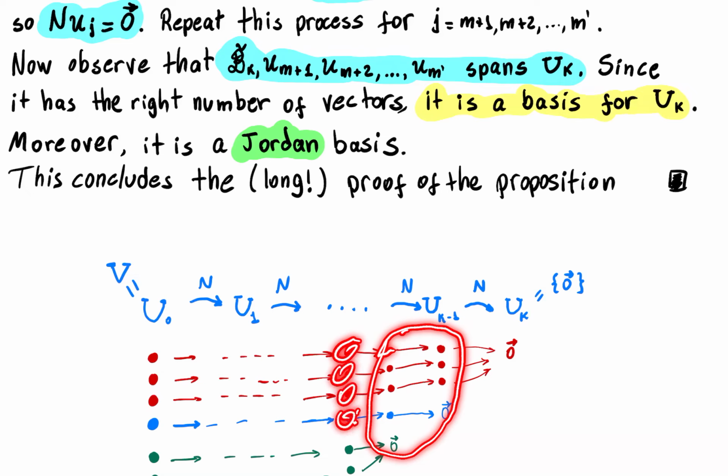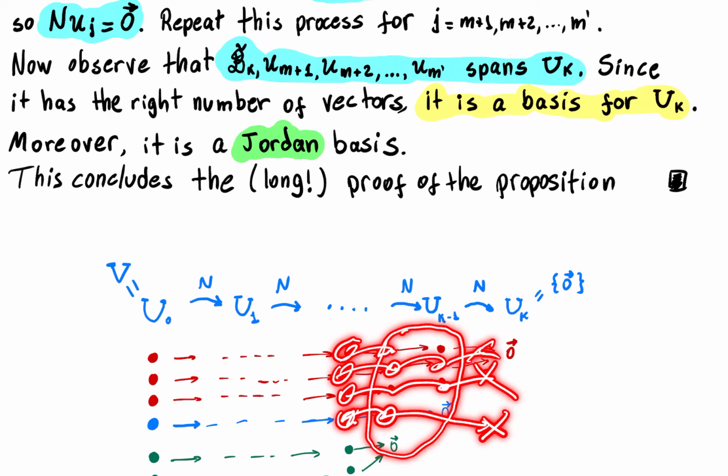Okay? So if we apply n to this collection, then this vector comes here. This vector goes to 0. This vector comes here, this vector comes here, this vector goes to 0. Comes here, goes to 0, comes here, goes to 0. So the ones that go to 0, we lose them, but we get exactly the vectors we had before.